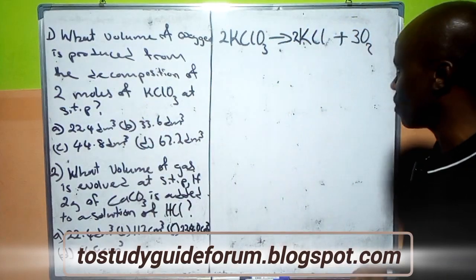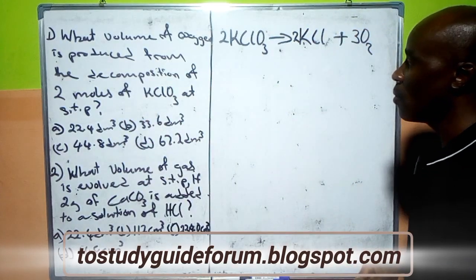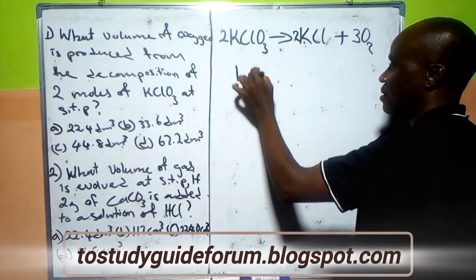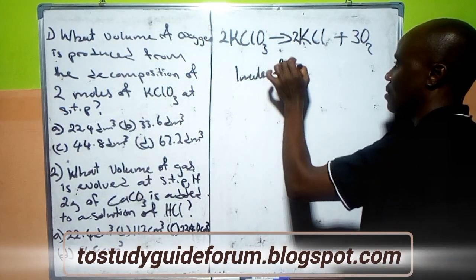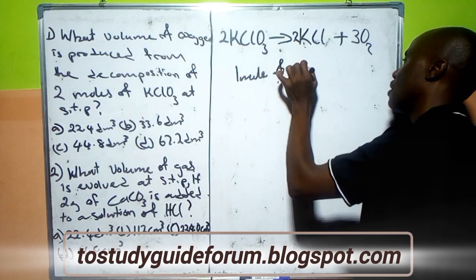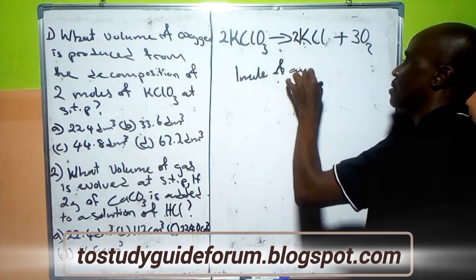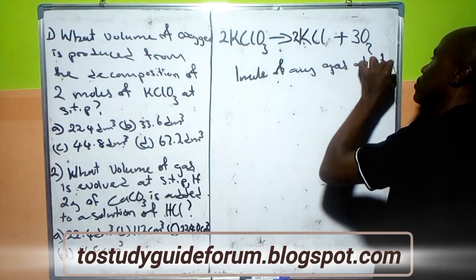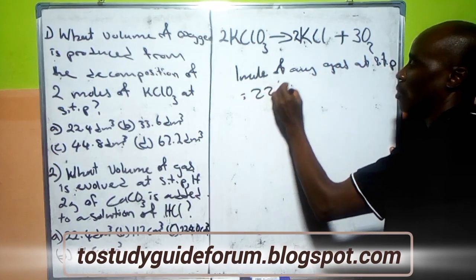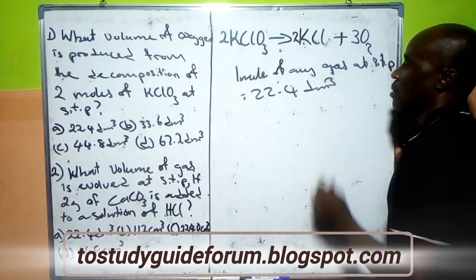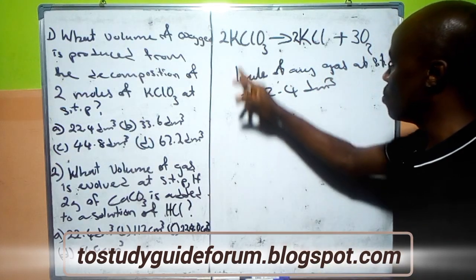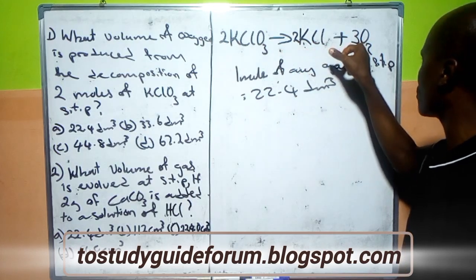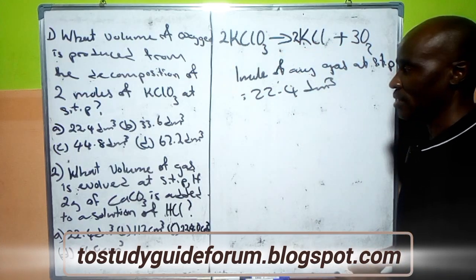We know that 1 mole of every gas, which we call the molar volume, or any gas at S.T.P., is equal to what? 22.4 dm³. Now we are talking about 2 moles. From this chemical equation, you find out that 2 moles of this will give us 3 moles of the gas.